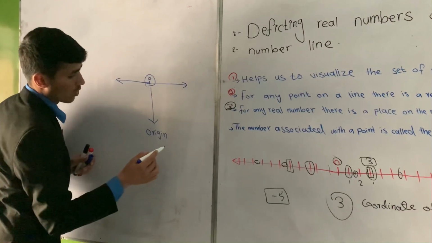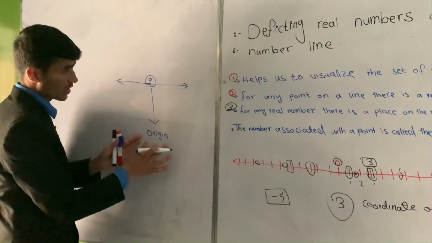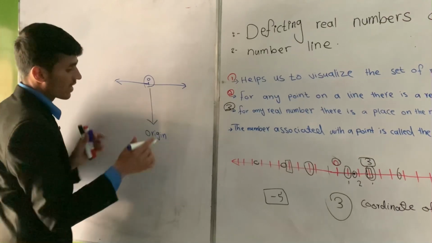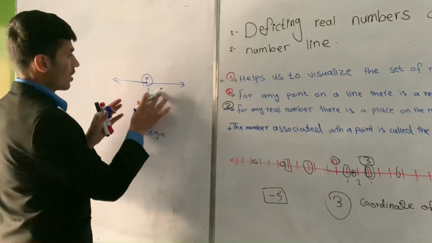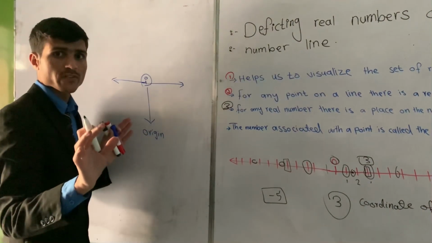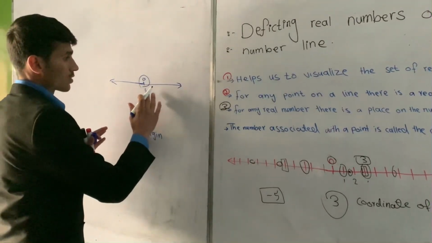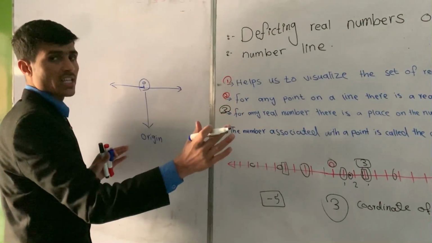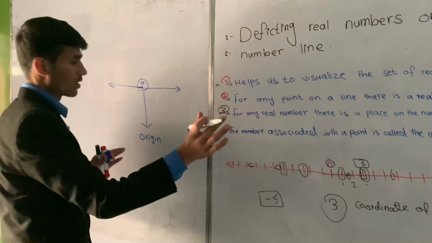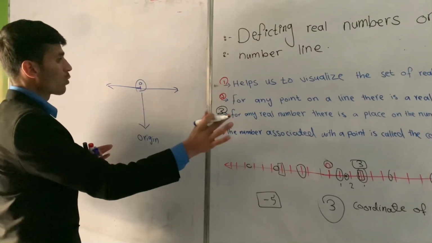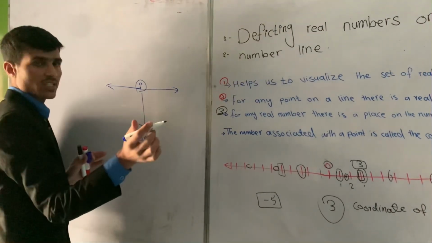Origin of the number line. One more thing you should understand: to the right of the 0 lie all the positive numbers. This is the right portion. All positive numbers.